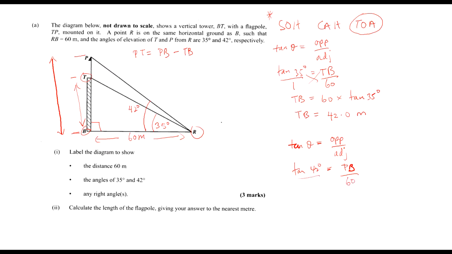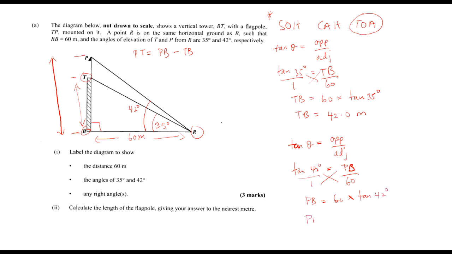Alright, so we can write this tan 42 as tan 42 over 1, and we cross multiply. So PB is equal to 60 multiplied by tan 42.